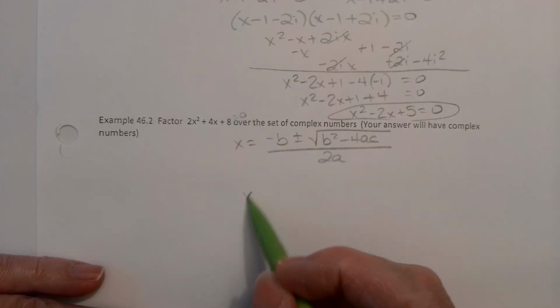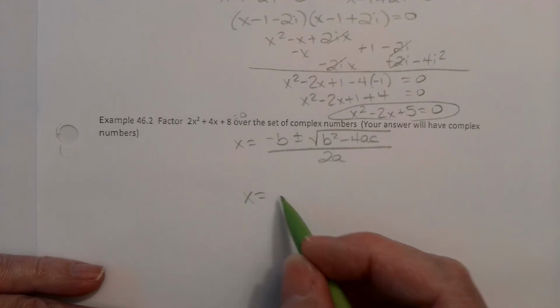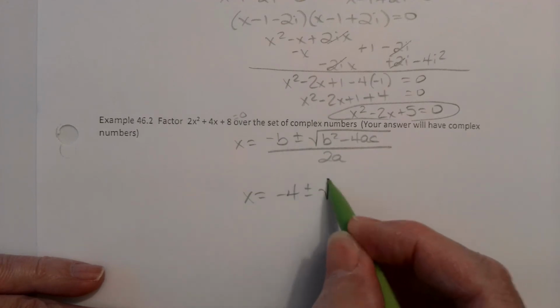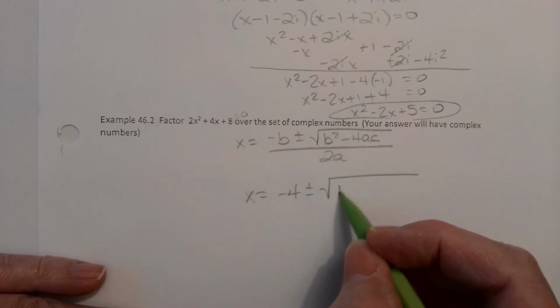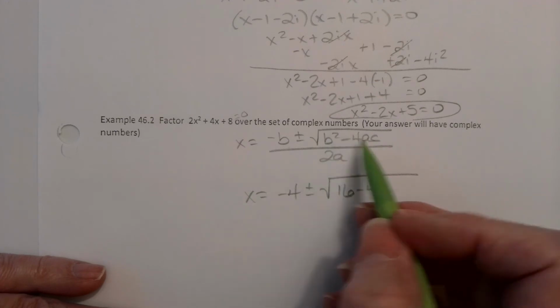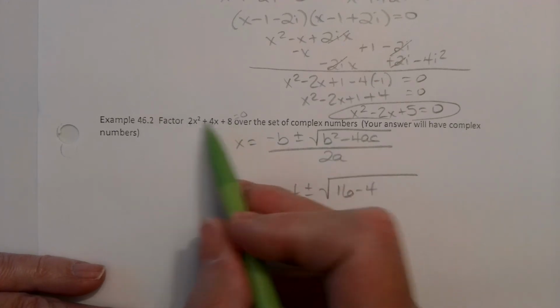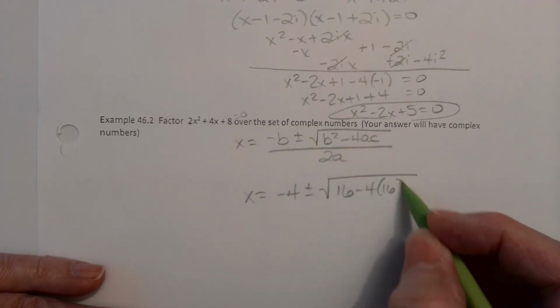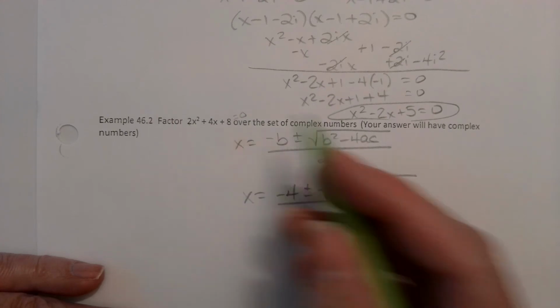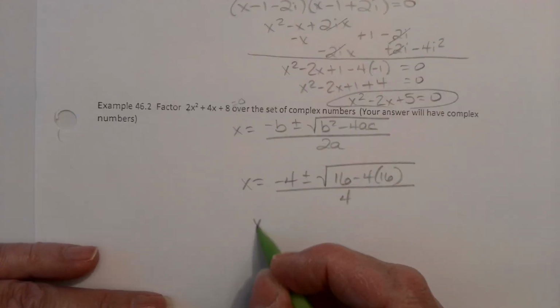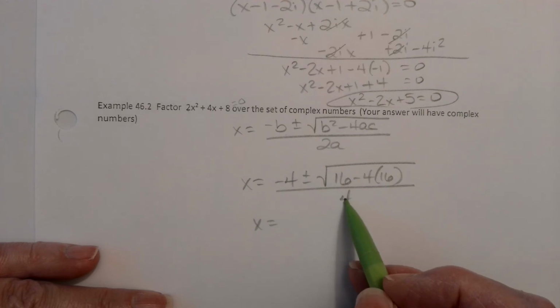So I can say x equals the opposite of b, which is -4, b squared, which is 16, minus 4 times a times c. 2 times 8, that's 16. Then 2 times a, which is 4. So x is going to be, I'm going to put this one over 4 and that one over 4.